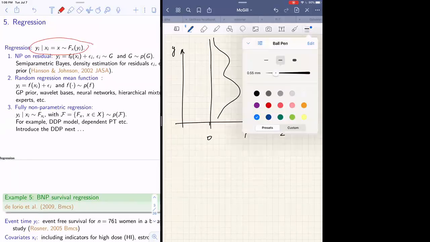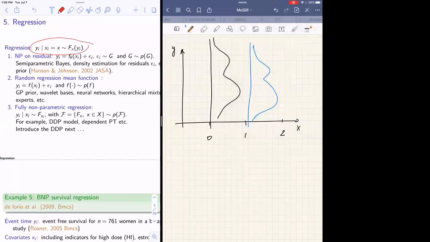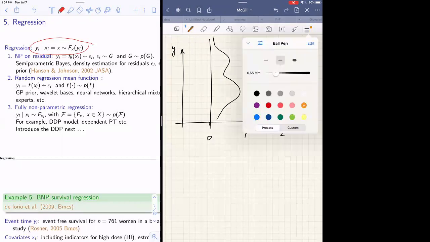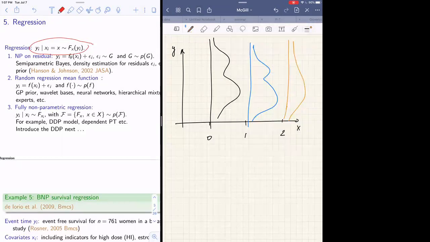And for X equals 2, we might see the orange distribution, which might then be like this. Can you see how the distribution of the outcome changes as X changes? I try to make that such that, if you track the mean, it goes down.